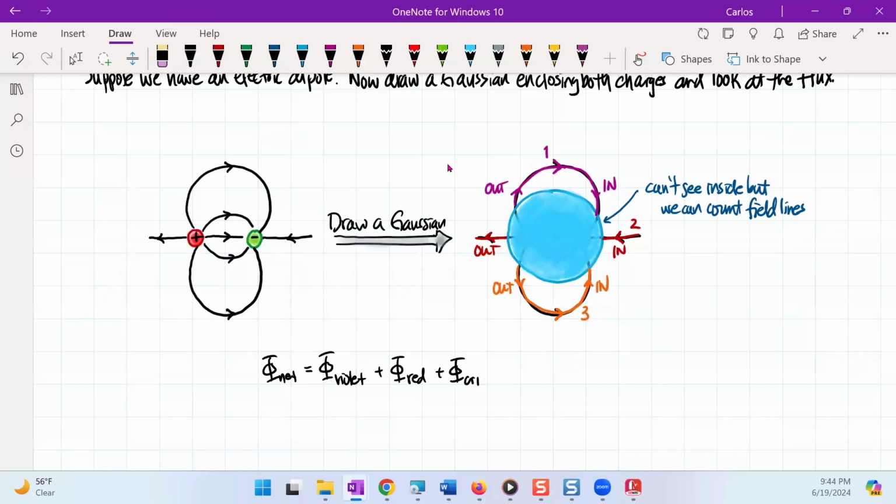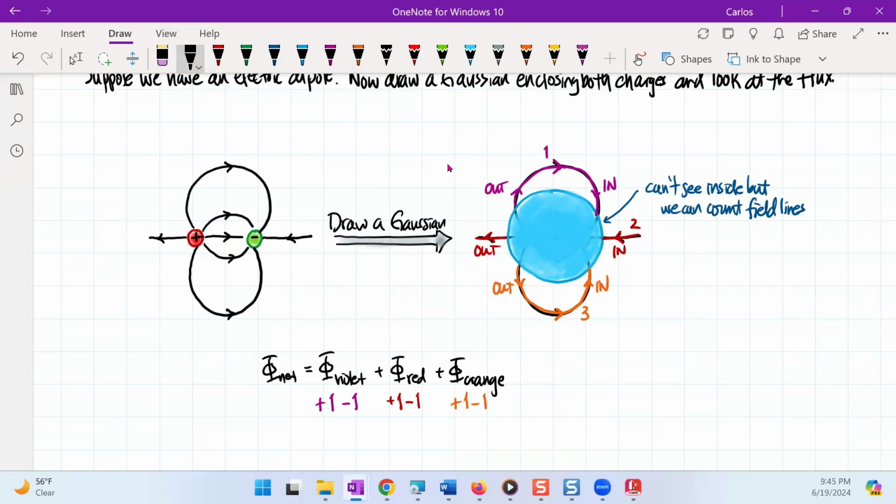If I look at the violet one, we clearly see that we have one coming in and one going out. And if I look at the red, I clearly see one is going out and one is coming in. And then finally, when I look at the orange one, I have the exact same thing.